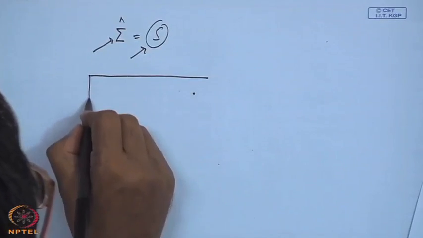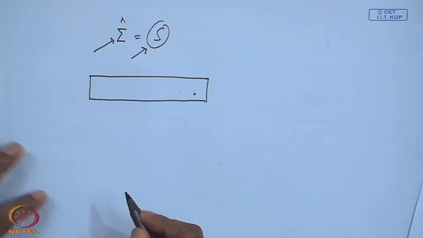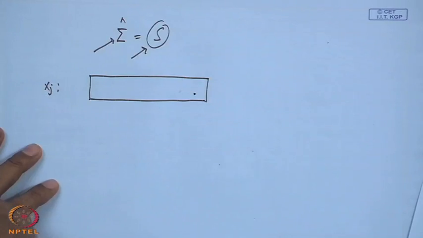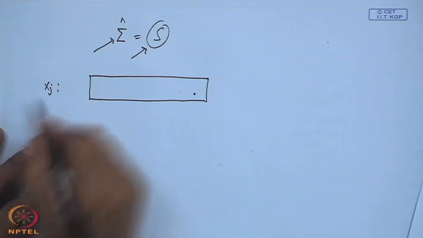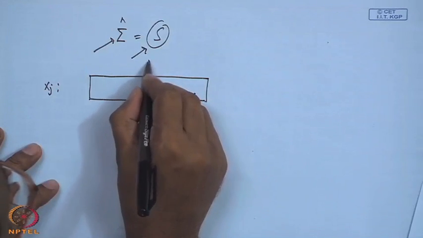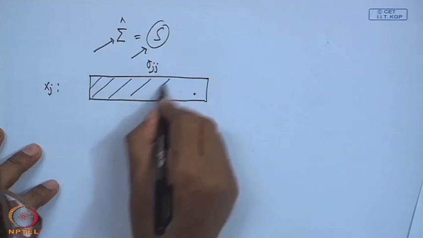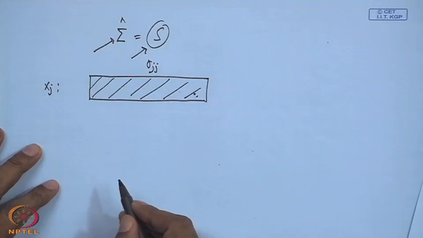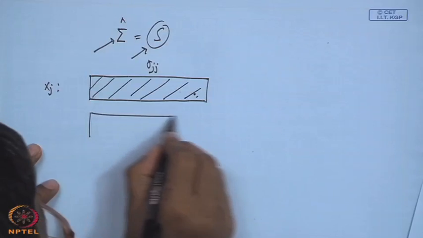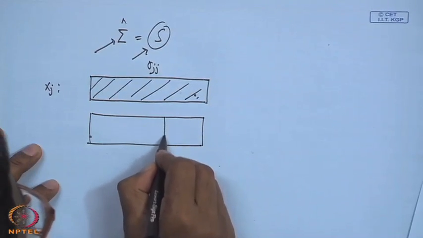In the principal factor case, what we will do is take any variable xj. The variability of this variable is sigma jj. And we have seen in the last class that this can be partitioned into two halves.